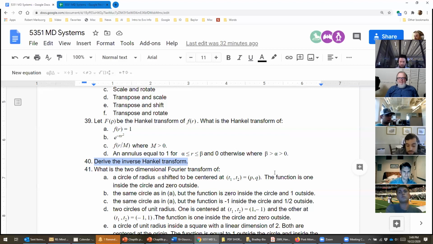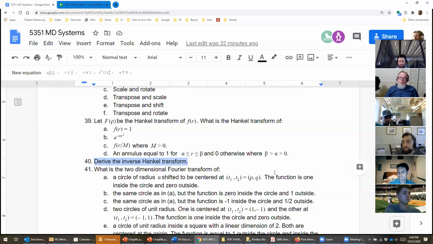And did anybody get this? I got something, but I think I'm off by a sign. A sign, okay. I got almost the same expression. It's exactly the same as the forward Hankel transform, which is really astonishing. But no, it isn't astonishing.